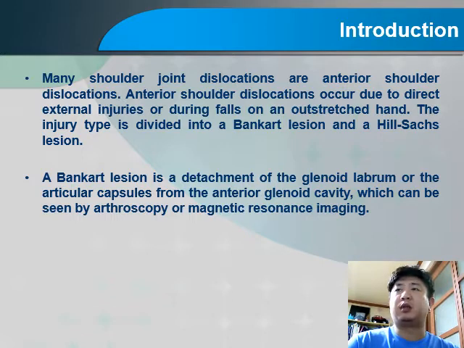detachment of the glenoid labrum or the articular capsule from the anterior glenoid cavity, which can be seen by arthroscopy or magnetic resonance imaging.